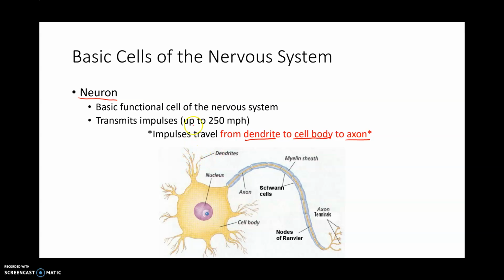So if we look here, our dendrites are these little branches that come off of our cell body, which is this entire area here. This is our cell body. And then our axon is this long area right here that comes off of our neuron. So we're going to move from dendrites to cell body to axon.